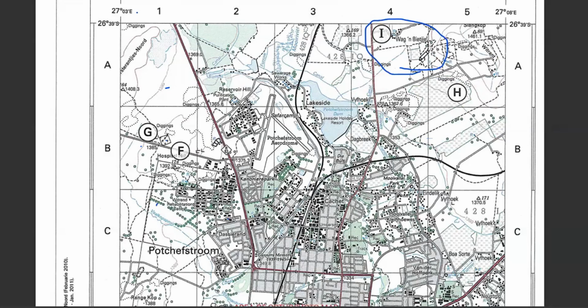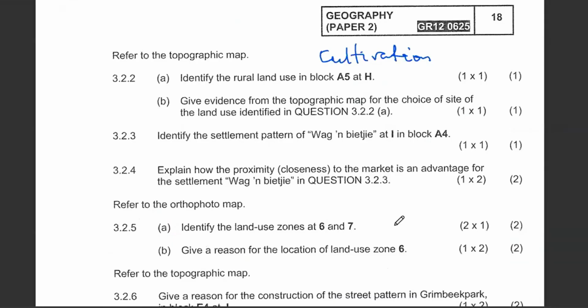We are seeing that there's a building here, there's another one here, there's another one there, and some other 3 or so here, some other there, something there. So from that look of things, we can safely conclude that the pattern in that particular area is dispersed. Or we can say that it is an isolated pattern.